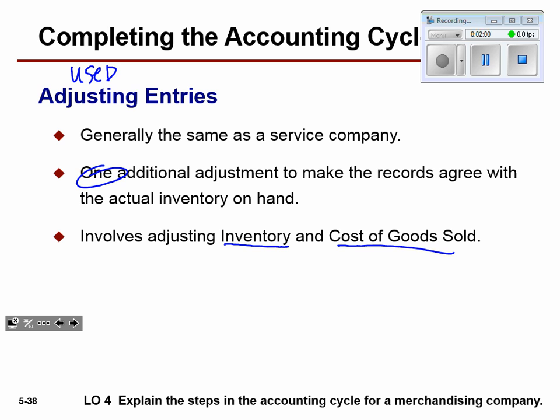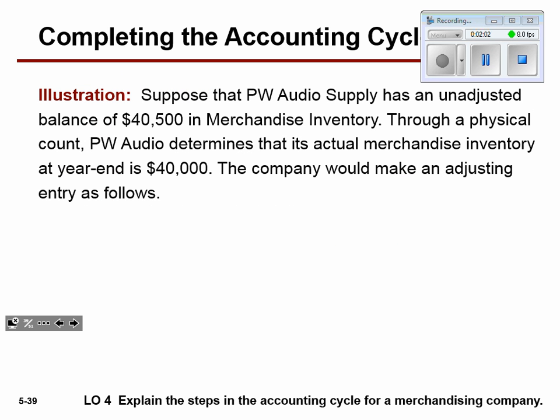What does it look like? Suppose PW Audio had an unadjusted balance of $40,500 in merchandise inventory. So they're saying in inventory, we hadn't really updated anything. We started with $40,500. Through a physical count, they determined its actual merchandise inventory was $40,000. The company would make the following adjustment. So it looked like we had more than what we really do.